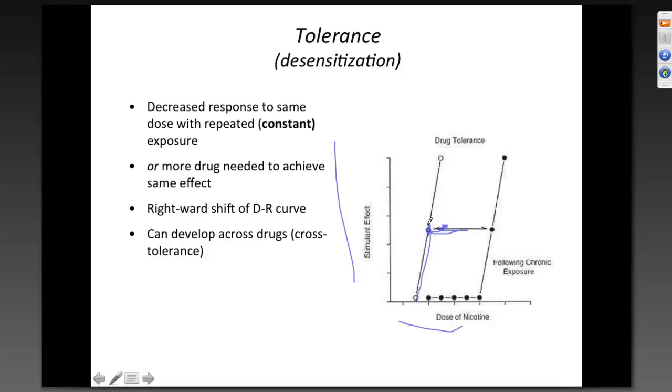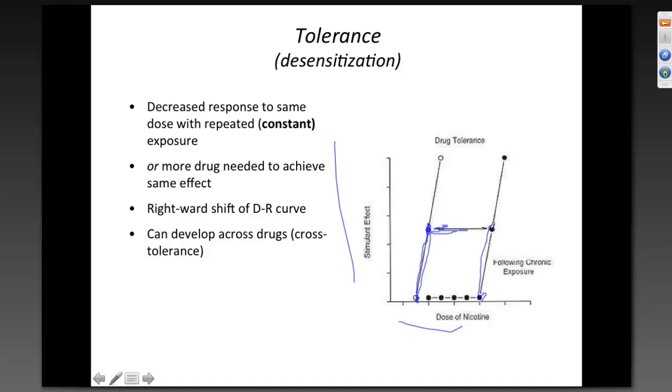When the person first started taking that drug, it only took 1.5 units of that drug to get halfway up the scale for effect. And then as time went on, it took 2, 3, 4 of those units to still make it up to that same half of the effect, okay?